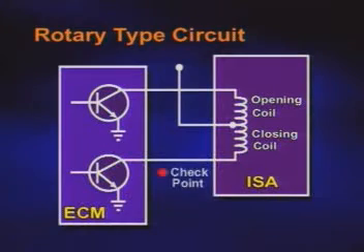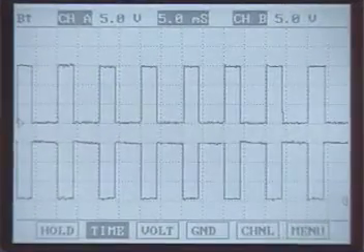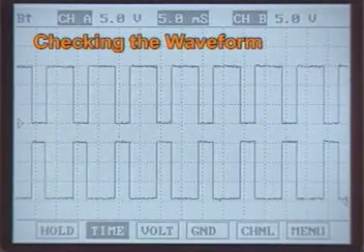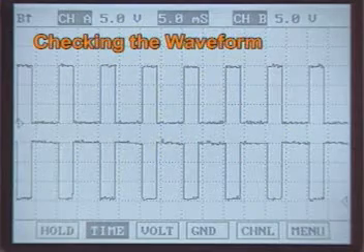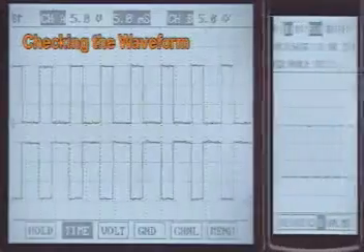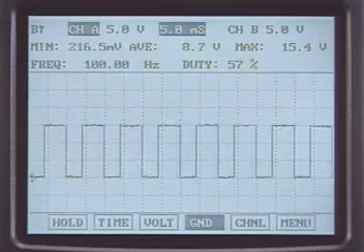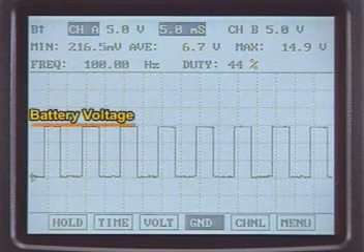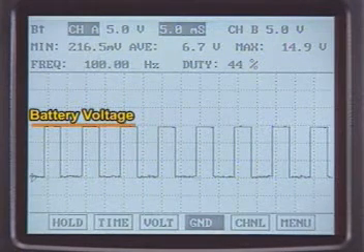To check the waveform, measure the waveform at one of the ECM side wires. The idle speed actuator waveform should be displayed as shown in the figure in cranking or idle condition. In the idle speed actuator waveform, voltage at the off state should be the same as the battery voltage.